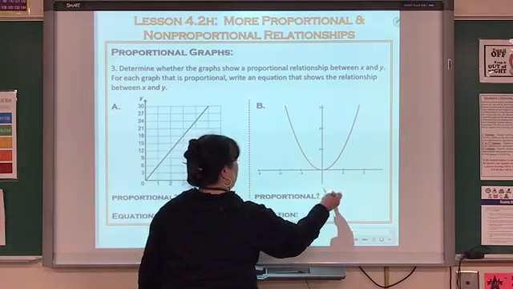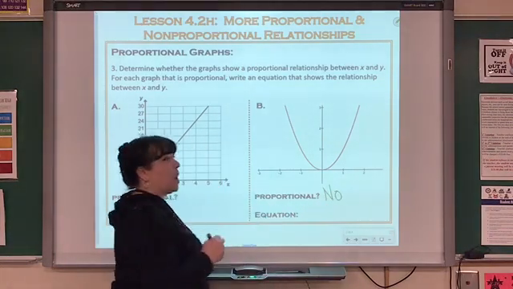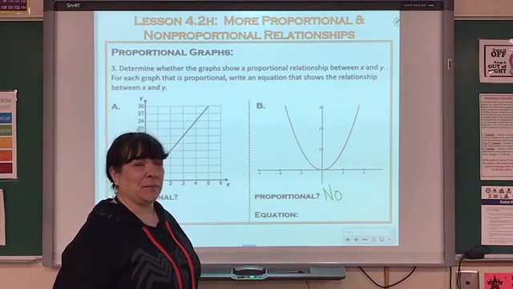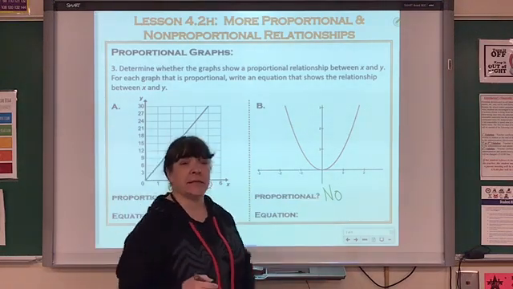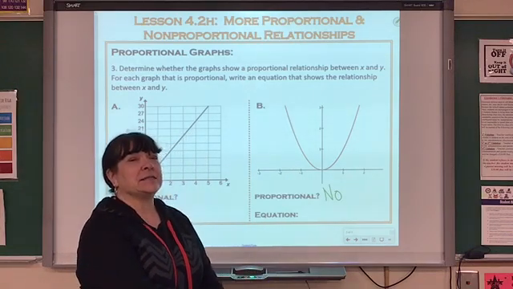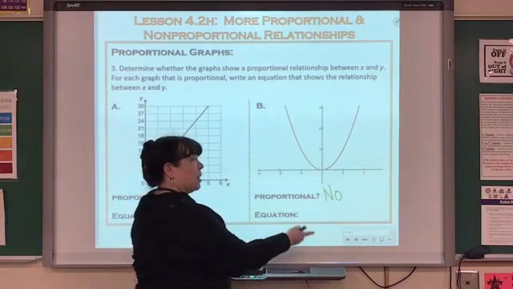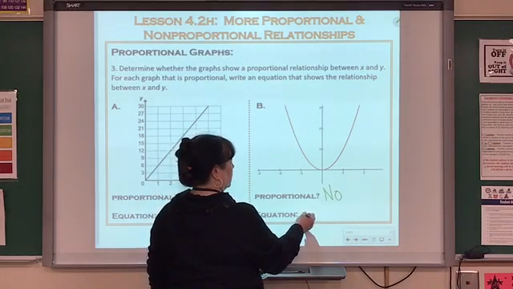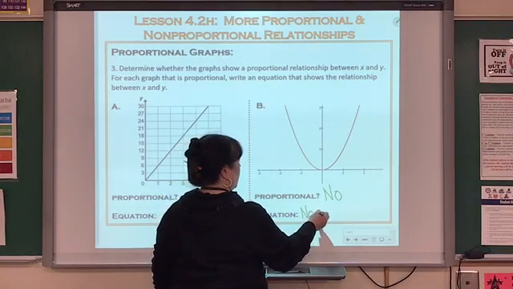This would be an absolute no. 1, it isn't a straight line. Although it does contain the origin, it is not a straight line. So for us right now, do we have an equation? We're going to say no.